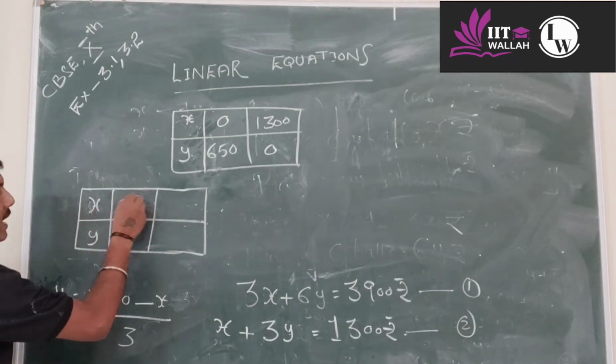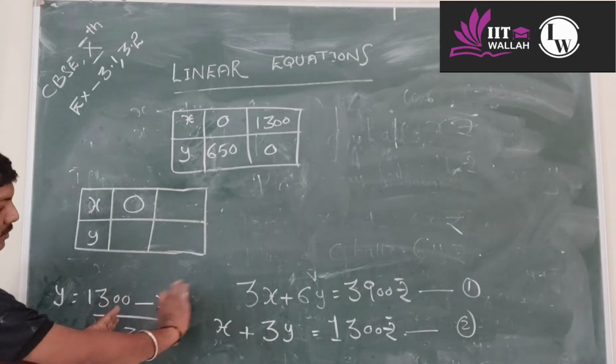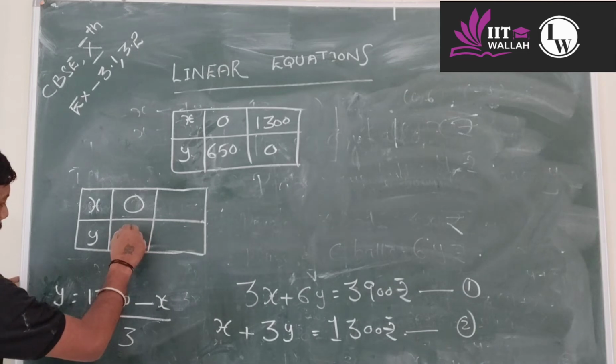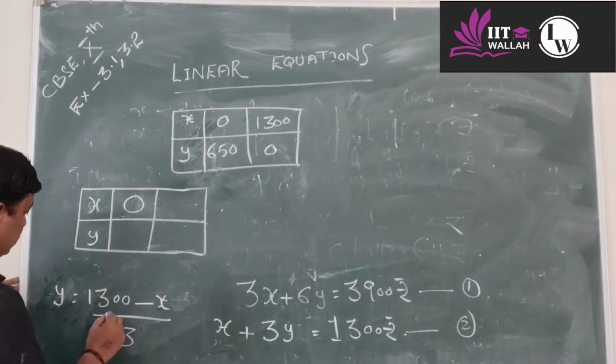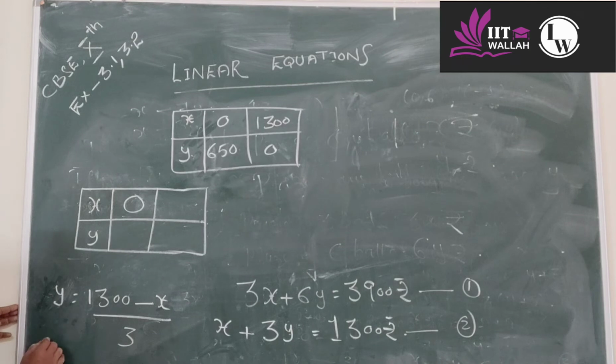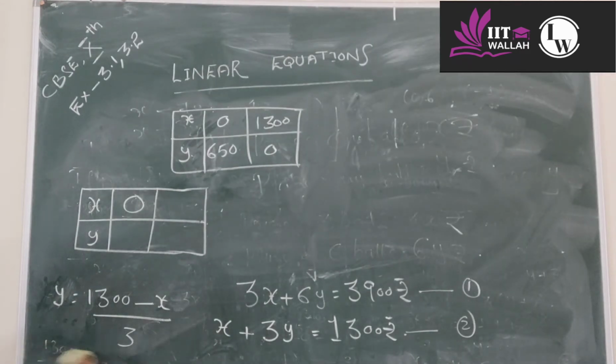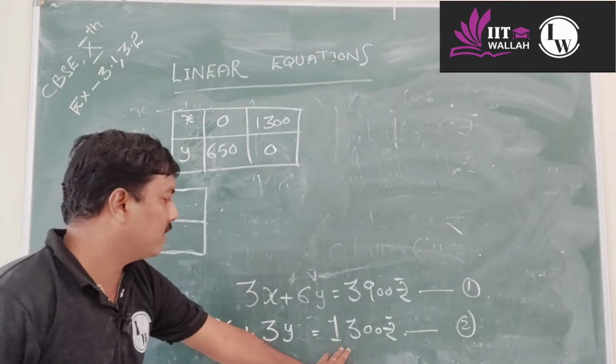Now you take x equal to 0. So this will become 0, and we get 1300 by 3. That is, x plus 3y is equal to 1300.